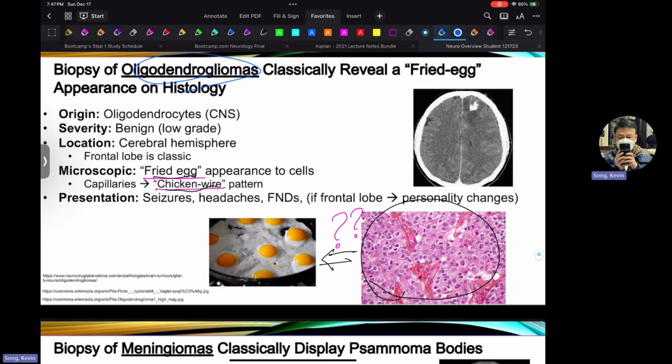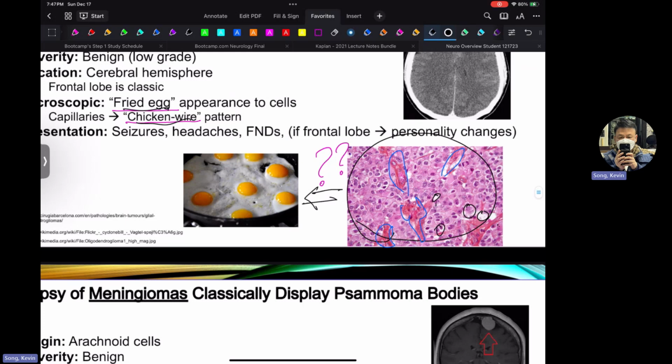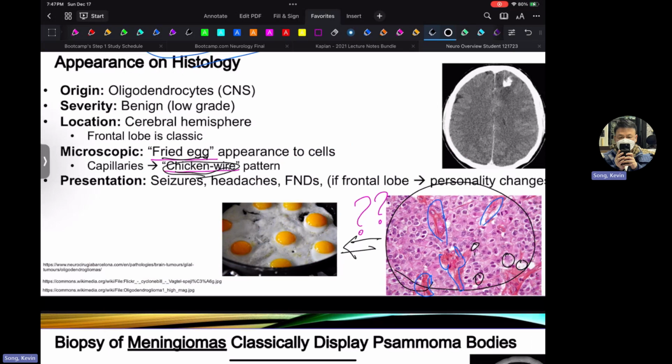Oligodendroglioma. This one you need to know, like chicken wire. I think this represents the chicken wire. I have no idea why it looks like chicken wire, or why this is the fried egg appearance. That's what they say: fried egg appearance and chicken wire.